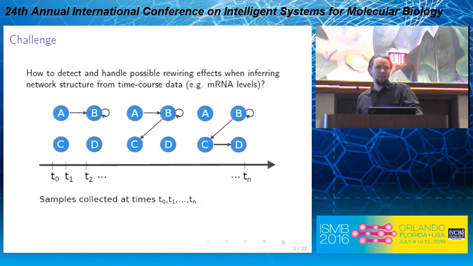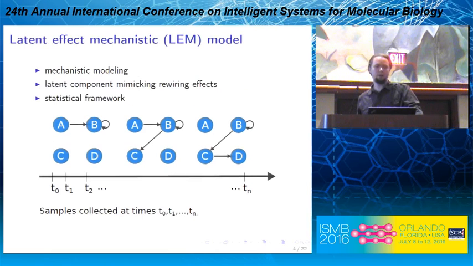So basically, the challenge is to detect if this kind of rewiring occurs in the system of interest. On the other hand, it would also be very nice if we could do some kind of network inference in the case of rewiring. For this purpose, we have developed the so-called latent effect mechanistic model, which combines traditional ODE modeling with a latent component that mimics the rewiring effects and thus makes the model class more flexible.